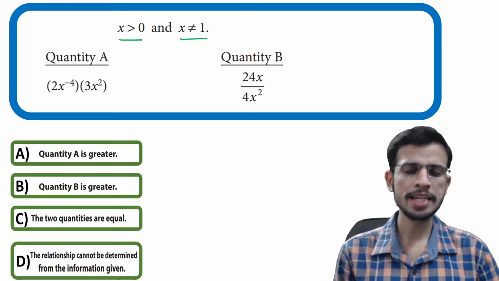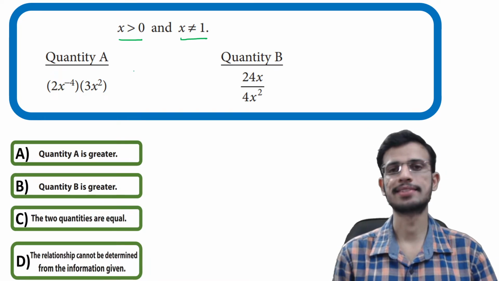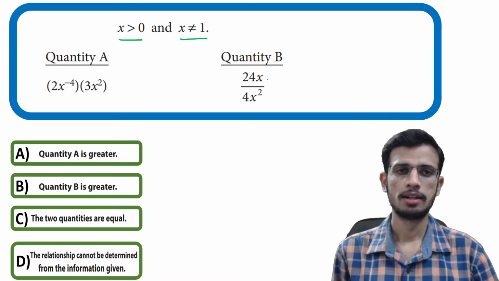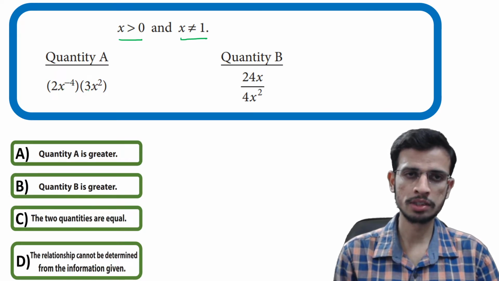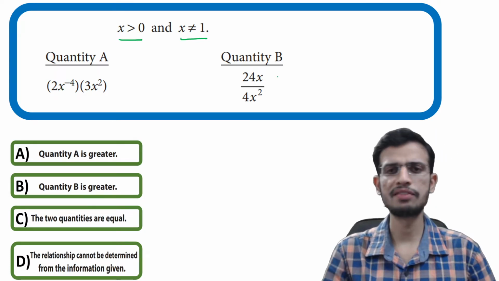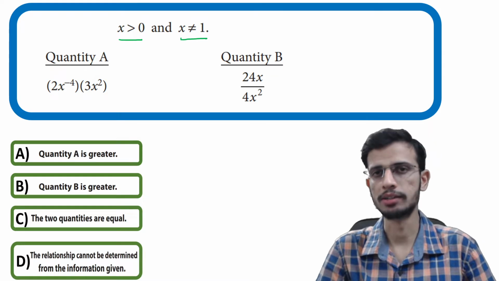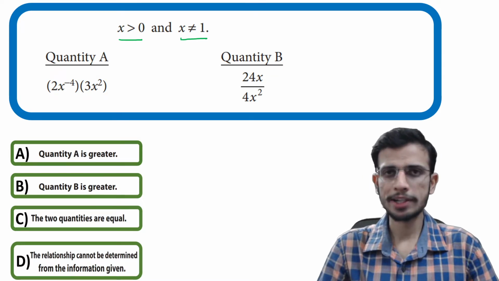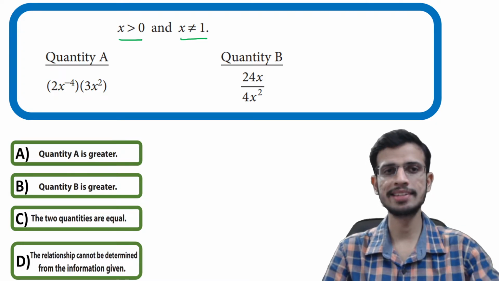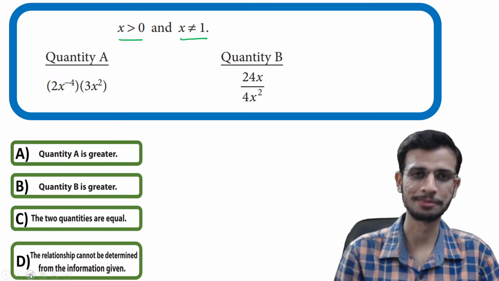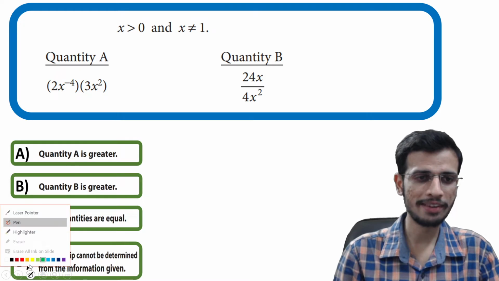Quantity A and quantity B are given to us in terms of x: 2 into x raised to minus 4 into 3x square, and 24 times x divided by 4x square. We have to compare the quantities, and to compare them we have to simplify them. In this state we won't be able to compare them. So let us simplify these quantities.